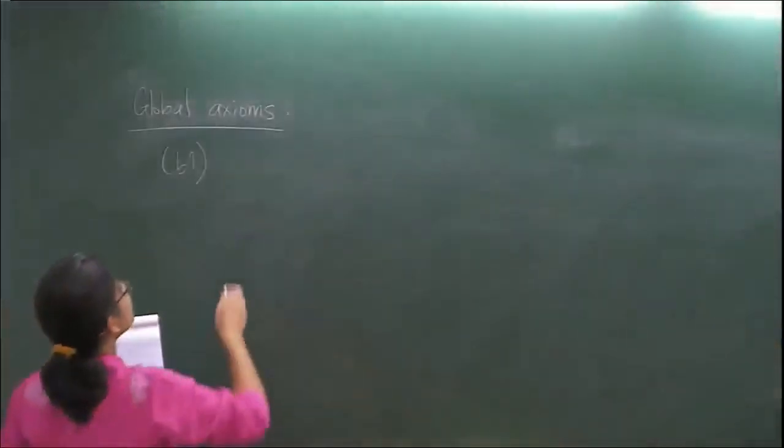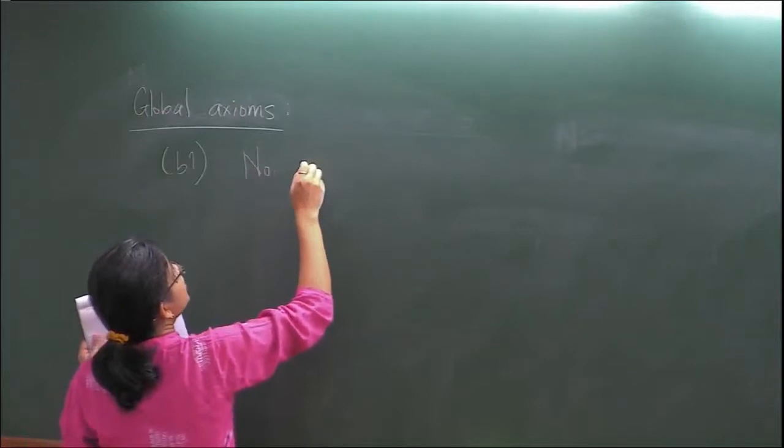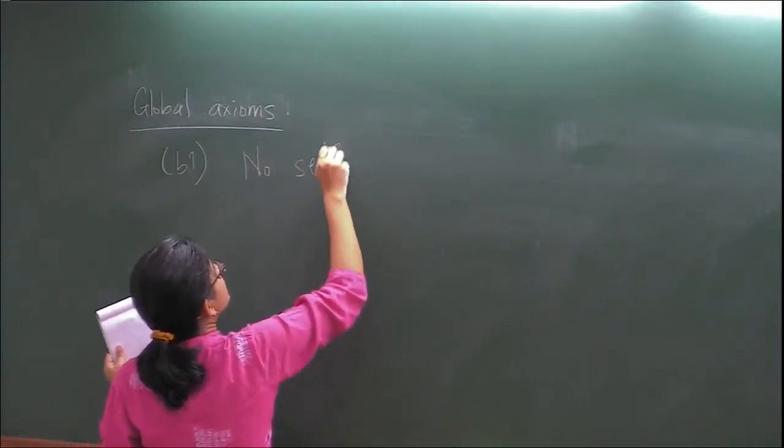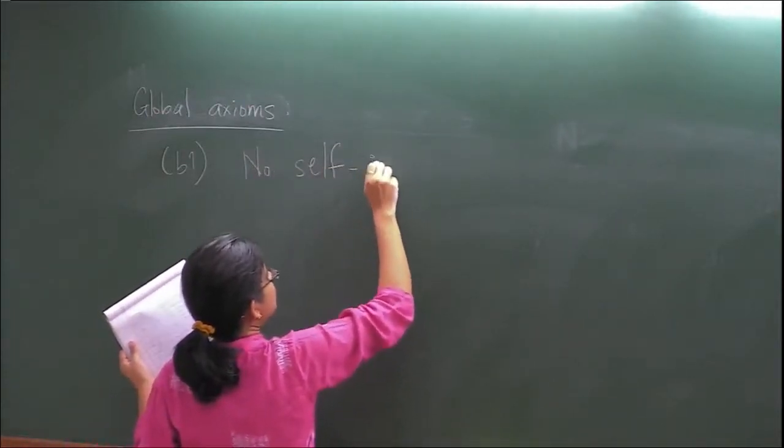Okay, and now for the global axioms, there are two of them. B1 is there are no self-intersections. So a strand cannot intersect itself.